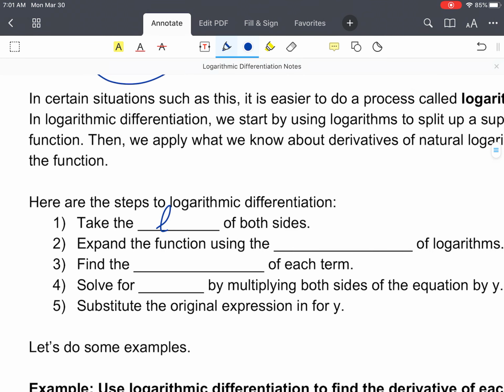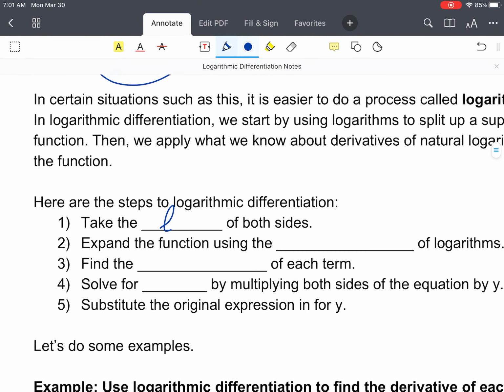Here's what we're going to do. We're going to start by taking the natural log of both sides. We're then going to expand the function out by using the properties of logarithms.